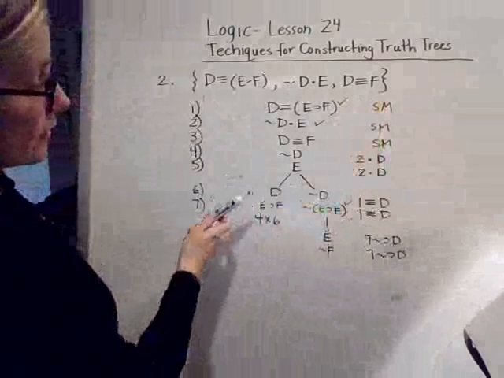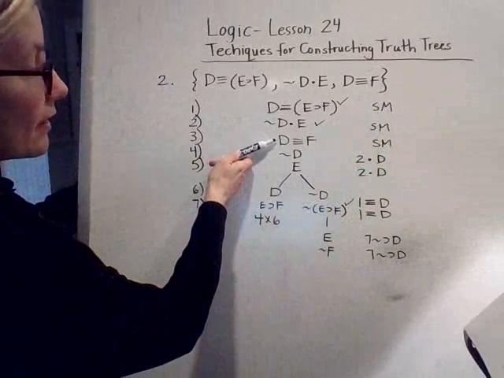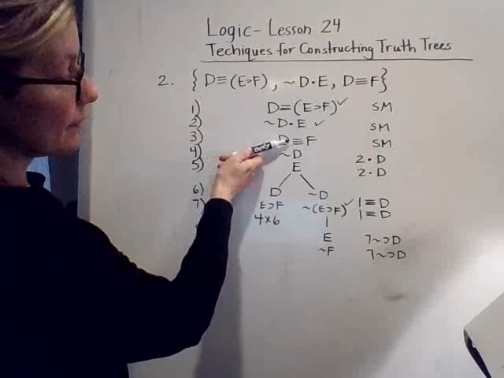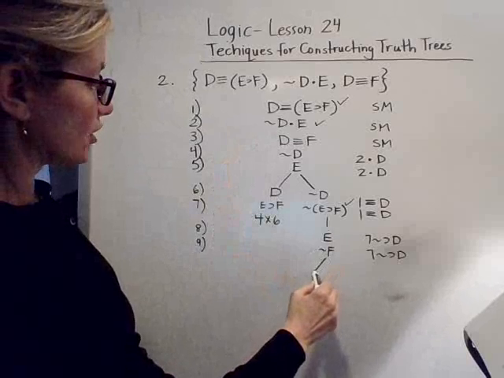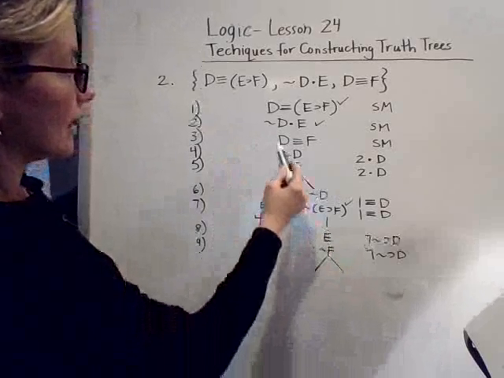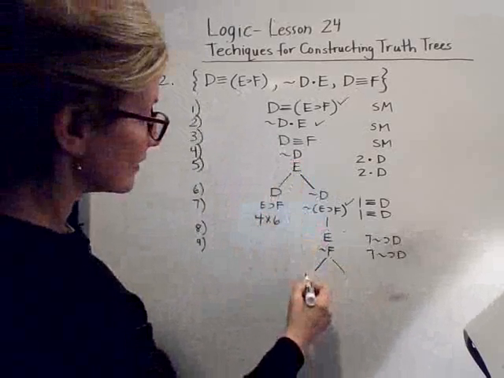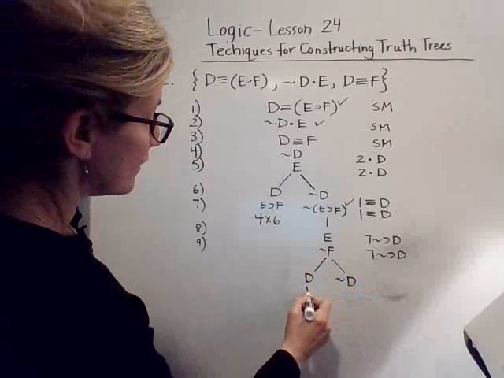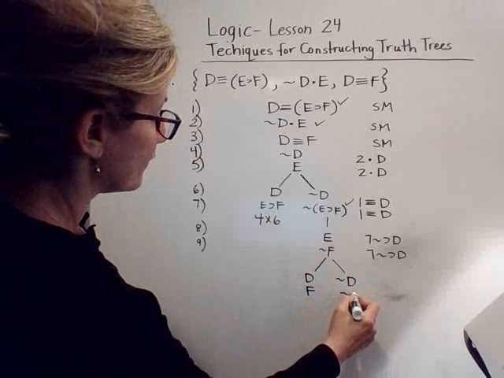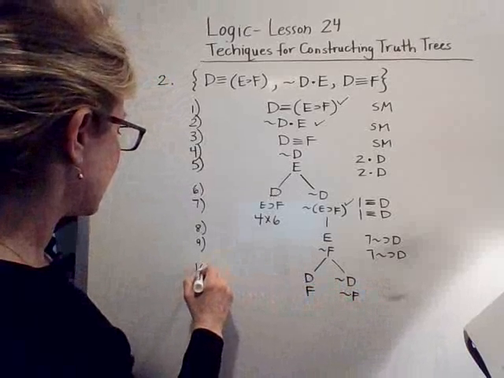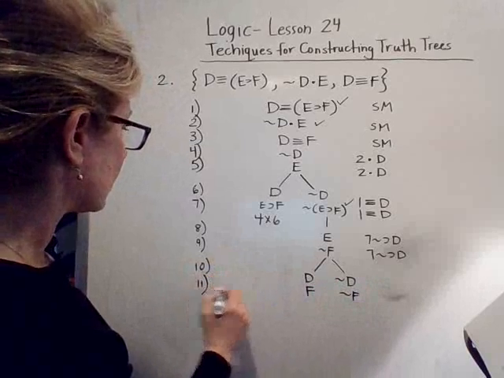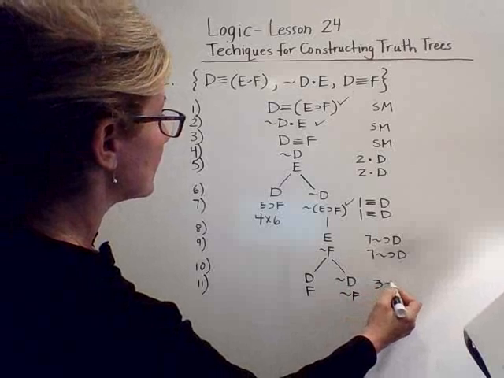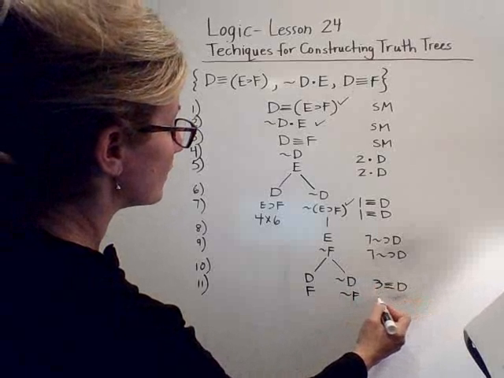The only proposition left that we need to decompose is line 3, which is a biconditional, and that branches. That would give us D and F on one side, and not D and not F on the other. That's line 10 and 11, and that was line 3, biconditional decomposition.